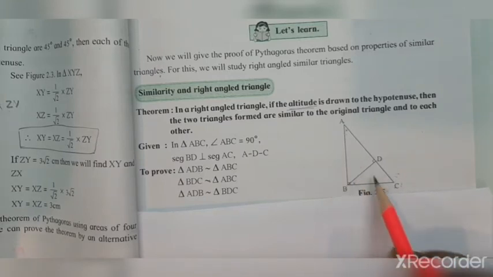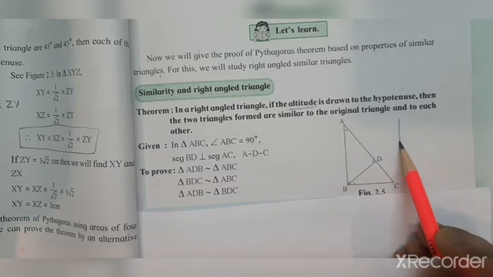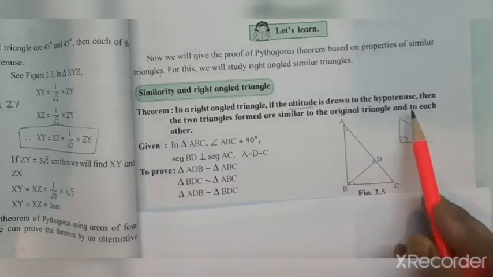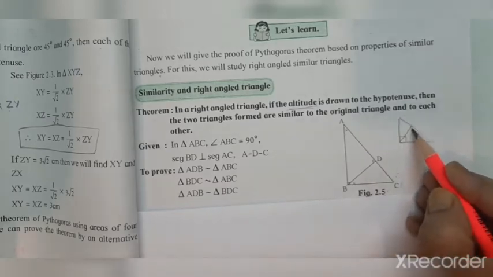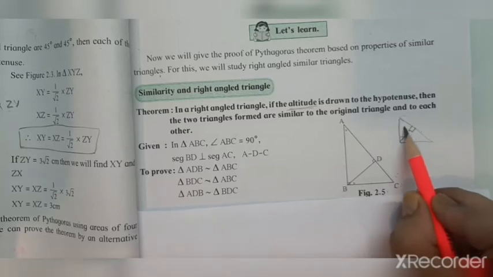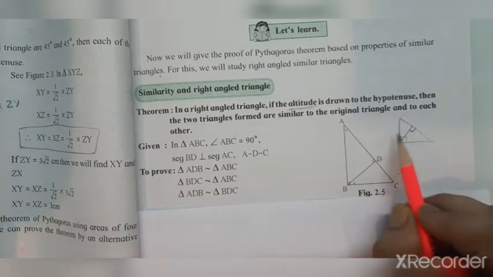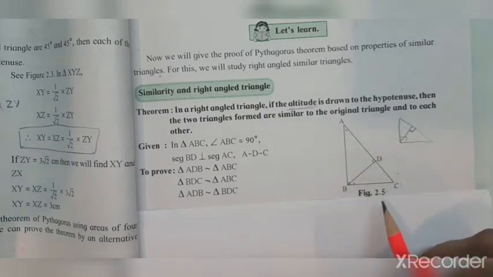Then the other two triangles which are formed. Naturally, there was only one triangle first, triangle ABC. Now after drawing this perpendicular on the hypotenuse, we have got another two triangles. So they are saying that these two triangles which are formed are similar to the original. What is the original? ABC.